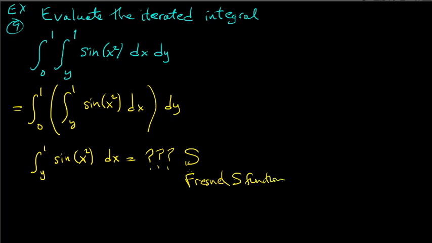I don't know what that is. You probably don't know what that is, so it's just some function that we don't know. Not very helpful. So we're really sunk here. If we tried to do this, we're not going to get very far.